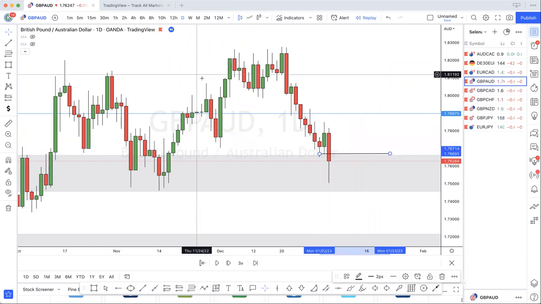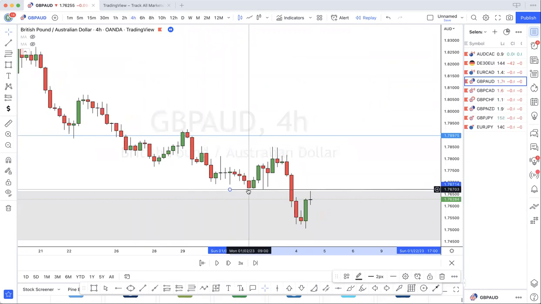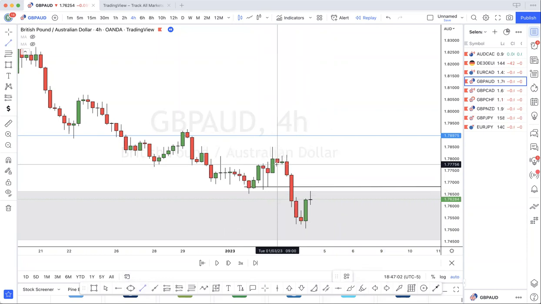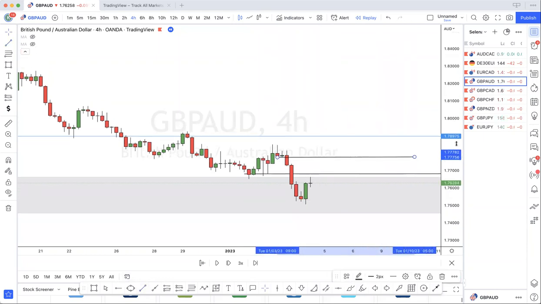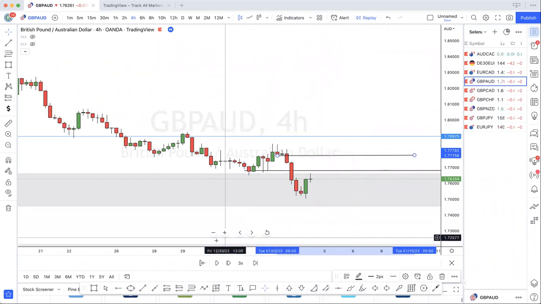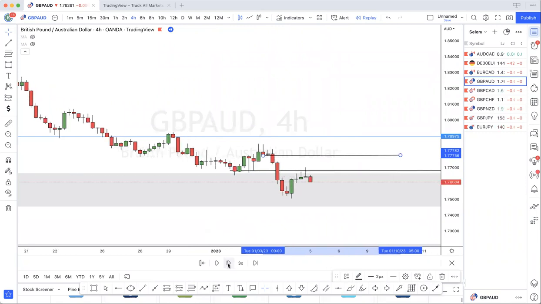I'm good with putting my entry, let me go down to the 4-hour. I'm good with putting my entry here. Here's another violated order block right here, either here or here. And I know it tapped into it. I'm just not sure. Let me, for the sell.